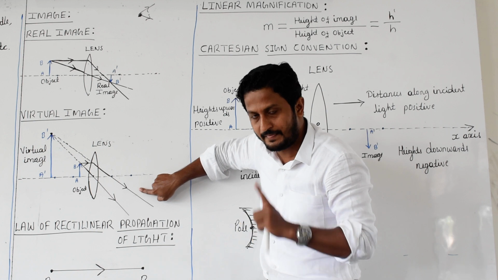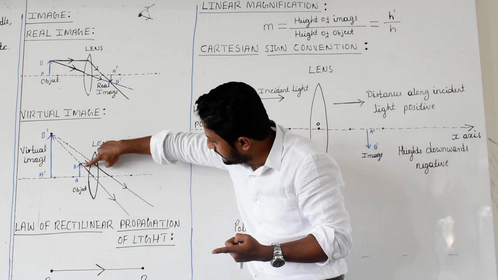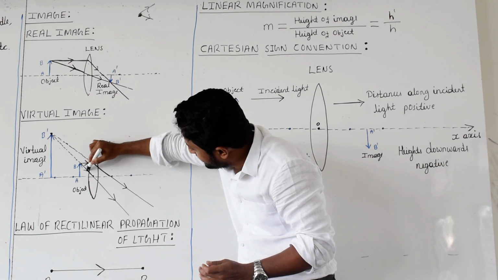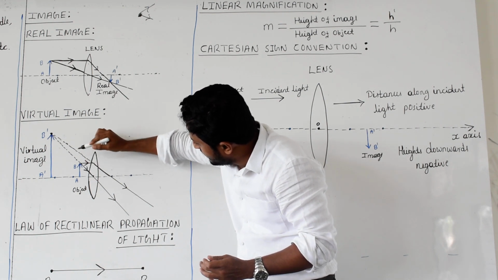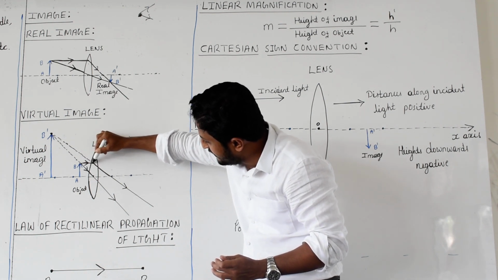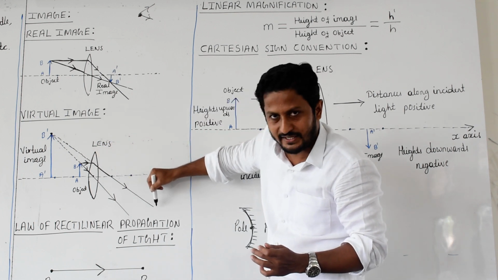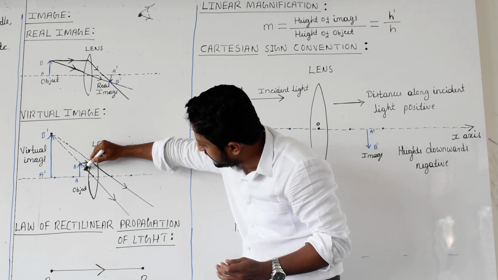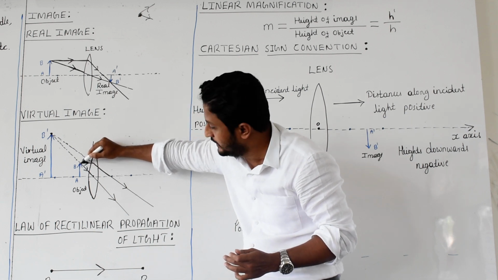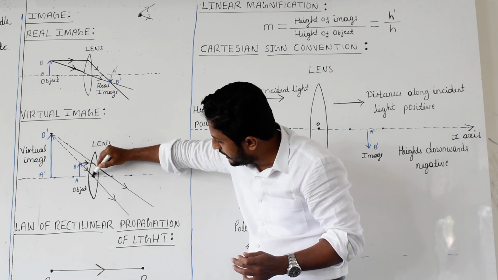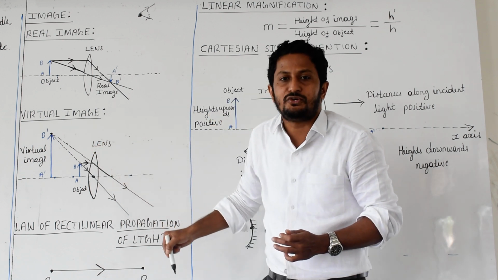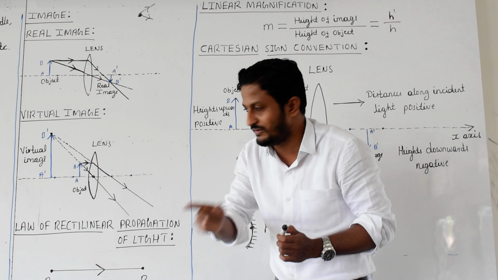One more light ray is coming from the top portion and passes through the optical center. It keeps its path and does not deviate.